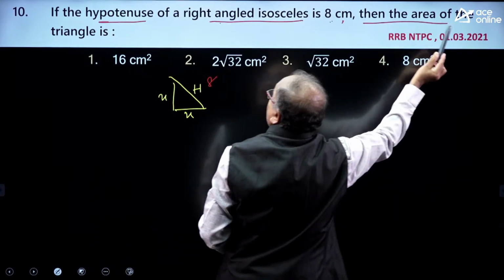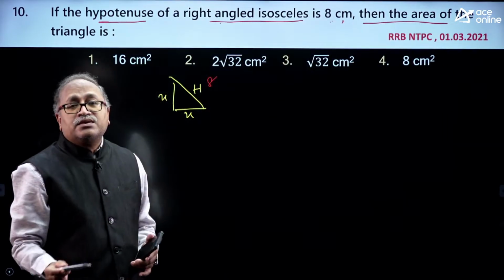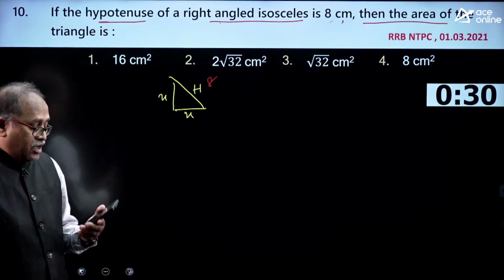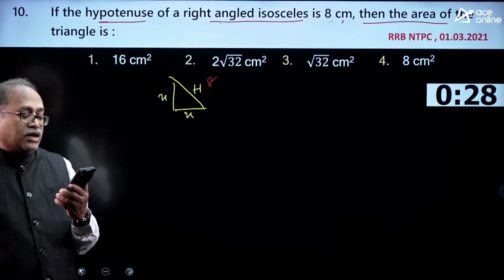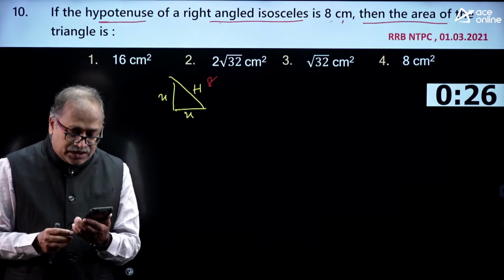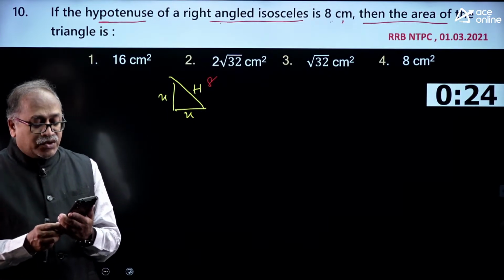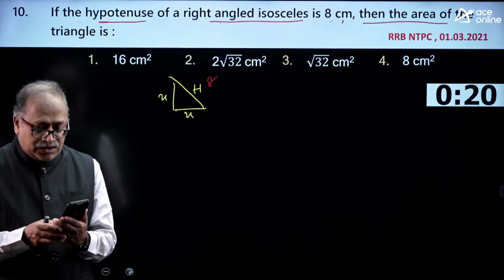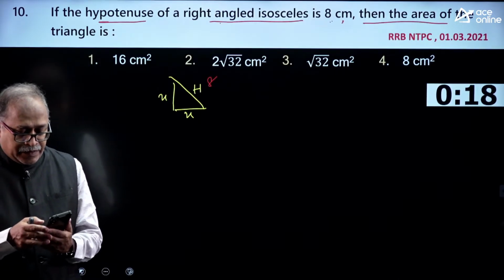Then the area of the triangle is, come on, take your 30 seconds, and I am sure that you will be able to answer the question before 30 seconds, Mr. Aim, and so is Anusha. Come on, try to answer the question, my friends.